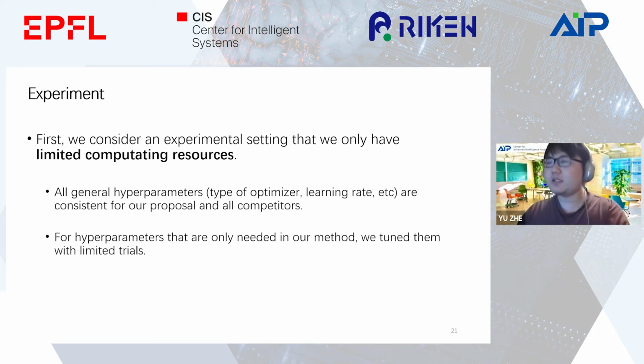The general hyperparameters, meaning the type of optimizers and some other parameters that are used in most machine learning algorithms, are all set as consistent values for all proposals and all competitors. And for hyperparameters that are needed only in our methods, we tune them with limited trials. This is because we only have limited computing resources.